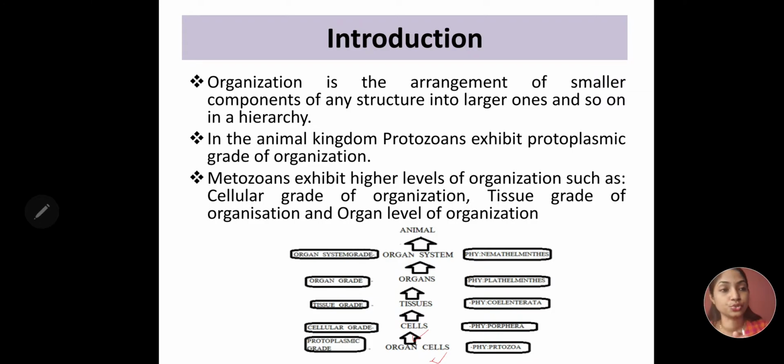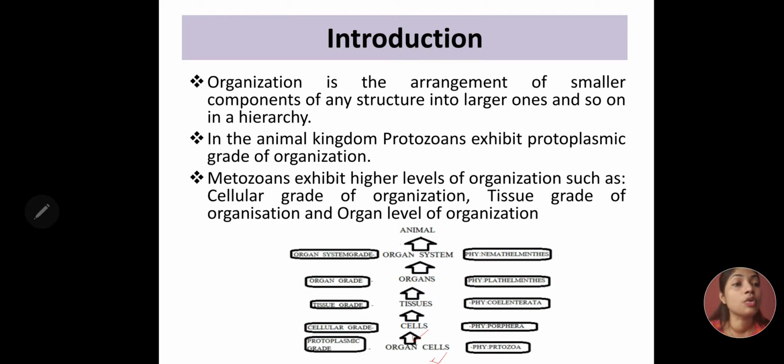Several such tissues again aggregate together to form an organ. That level of organization is known as organ grade of organization, which is seen in phylum Platyhelminthes. Examples include planaria, dugesia, and other flatworms like sheepworm, hookworm, tapeworm. And several organs coordinate with each other to form an organ system.